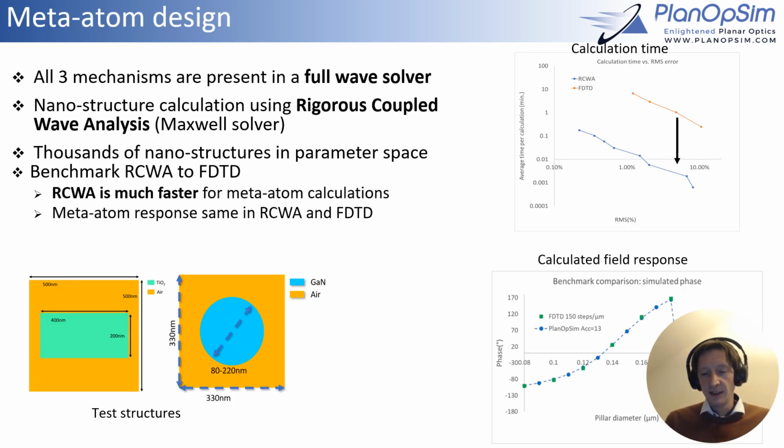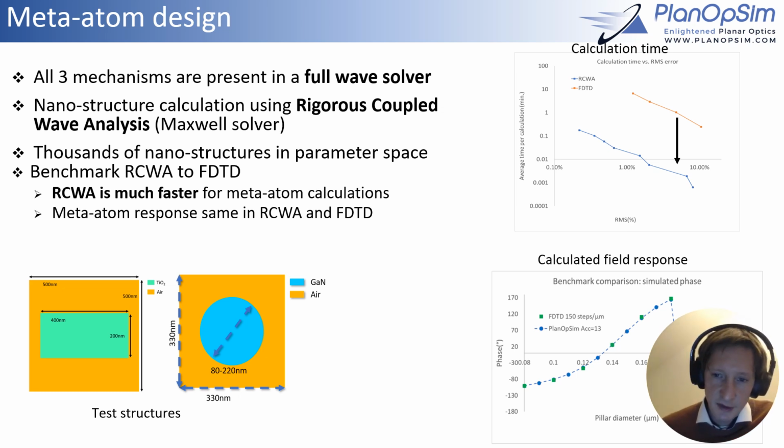We don't actually need a separate solver for each of these types of mechanisms, because they are all part of photonics. They are captured by the Maxwell equations, so any solver that solves Maxwell equations will be able to capture all three of these effects.